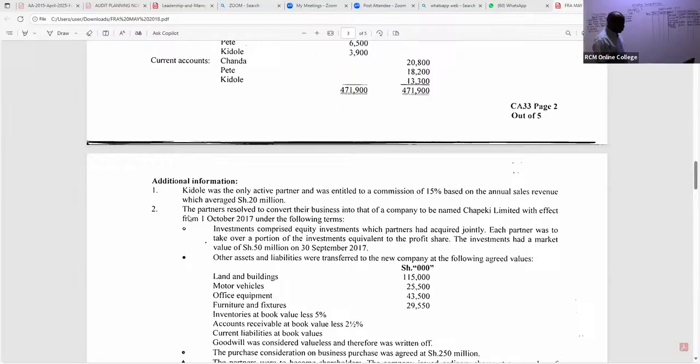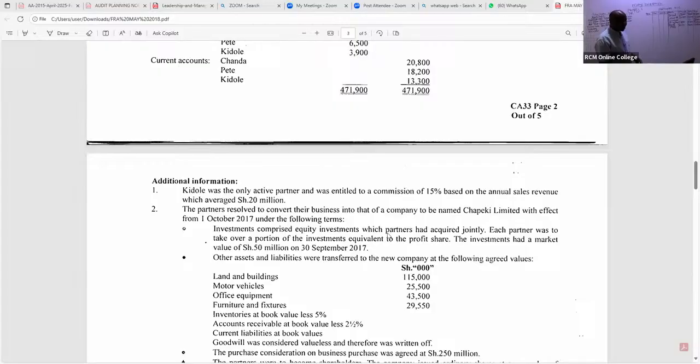So note number 2, we are told the partners resolved to convert their business into that of a company to be named Chapeki Limited, with effect from 1st October 2017, under the following terms. Investments comprised equity investments which partners had acquired jointly.